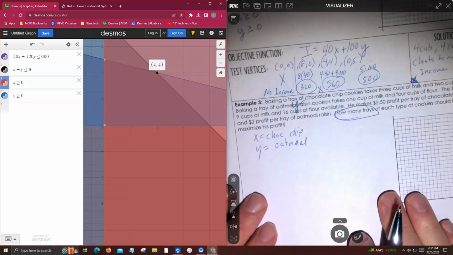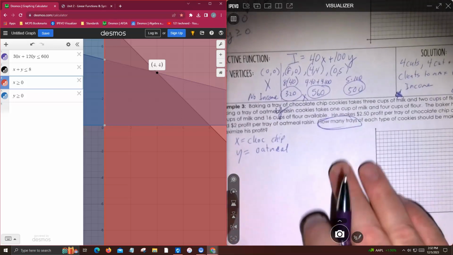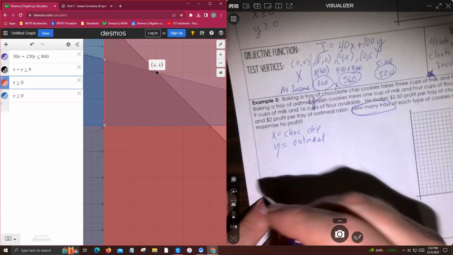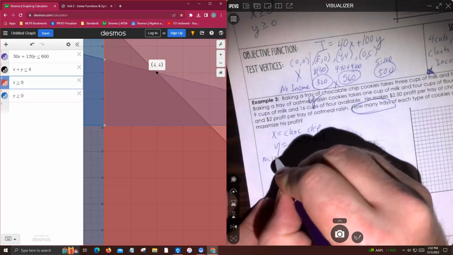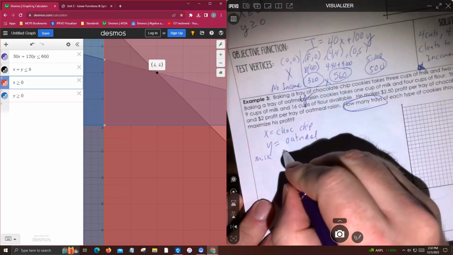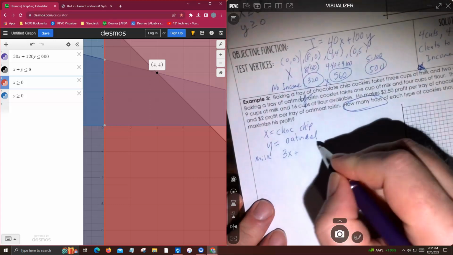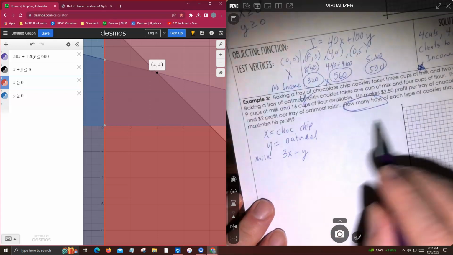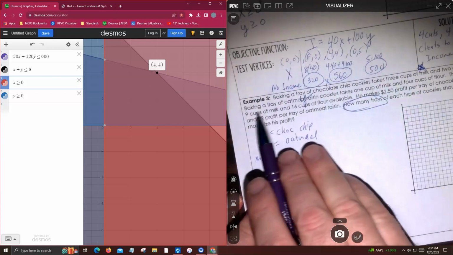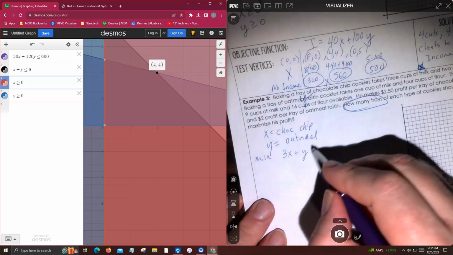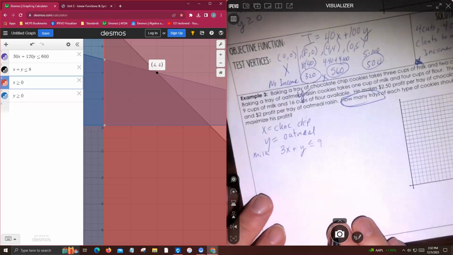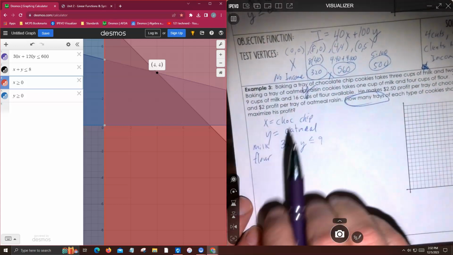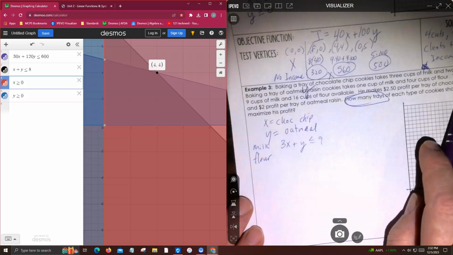All right, so I now have to transfer this stuff into something I can use. So my first one, we'll talk about milk. So I get 3x plus a thing of oatmeal. She's only got 9 cups of milk, so less than or equal to 9. And then our flour, this one's a little trickier.